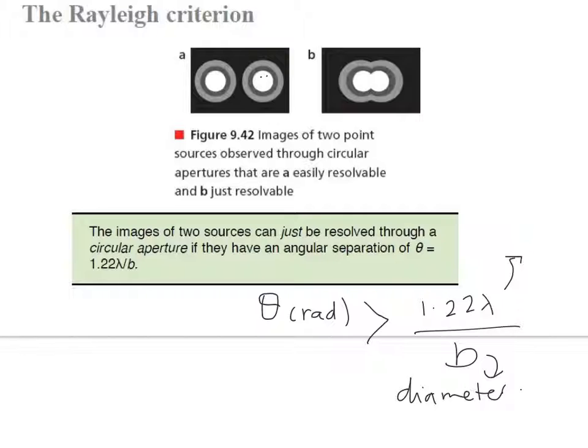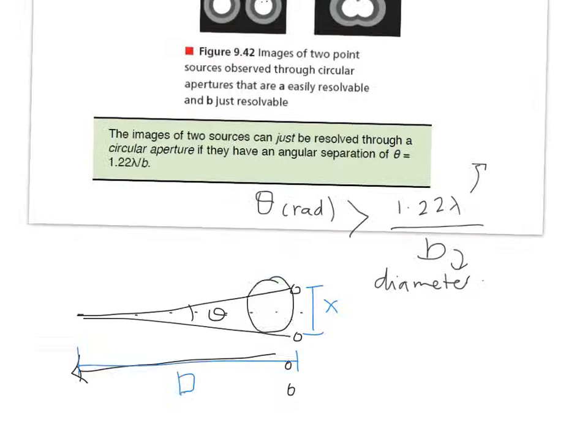Now, a note, because it's not quite that easy still. We have to consider this angle in a little bit more detail because it's not so easy to measure. So what usually happens is your eye is here and here are your two objects, so you can measure that angle. Let me draw that properly, hang on.